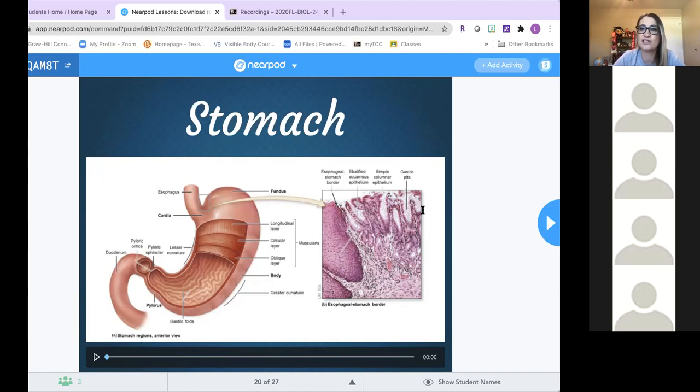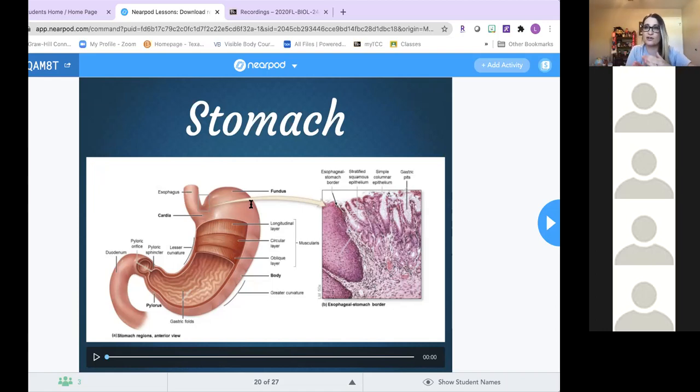The main part of the stomach is known as the body, and the narrowed region that you see before the duodenum is the pylorus, ending with your pyloric sphincter. And this is going to regulate passage of contents from the stomach into the duodenum. You can see two curvatures of the stomach.